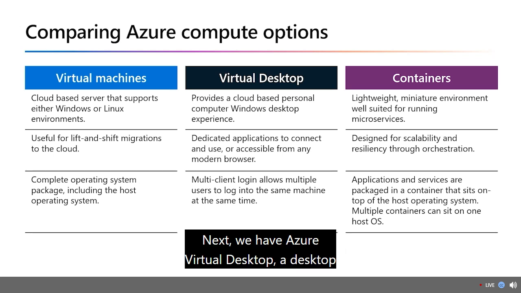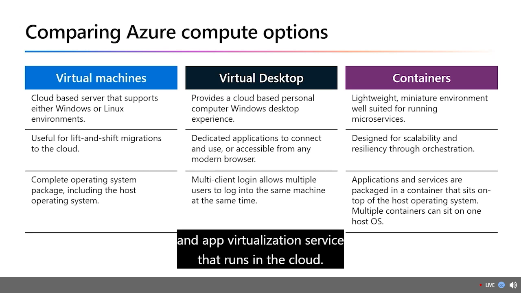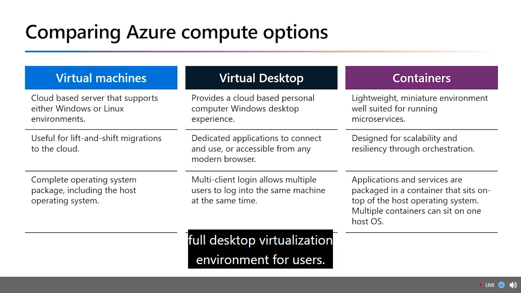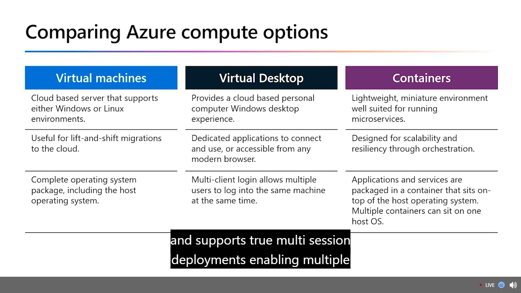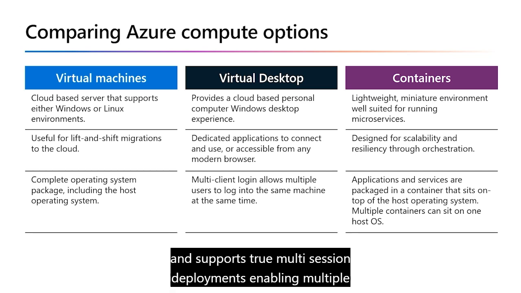Next, we have Azure Virtual Desktop, a desktop and app virtualization service that runs in the cloud. It allows you to create a full desktop virtualization environment for users. These can reduce the risk of resources being left behind and supports true multi-session deployments, enabling multiple users to access the same virtual machine simultaneously.